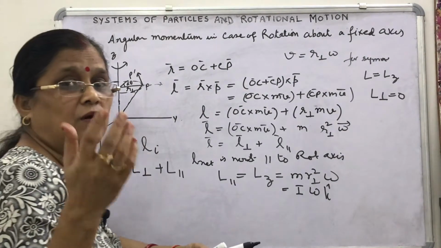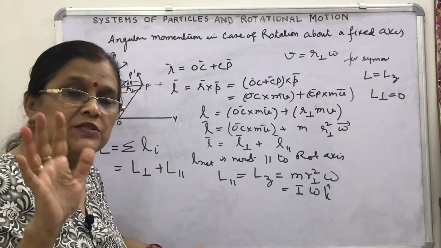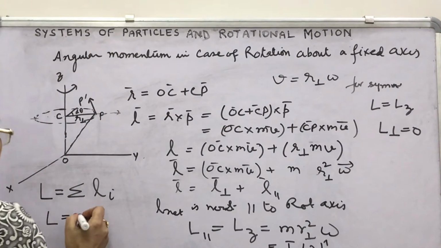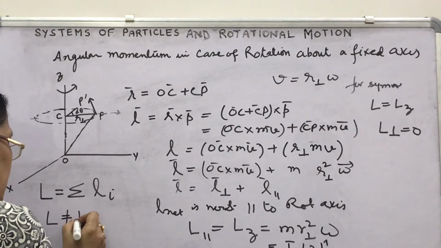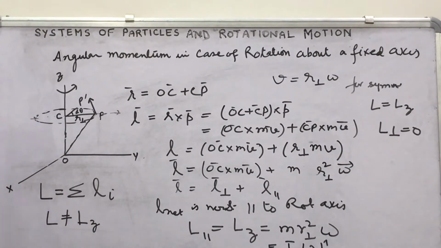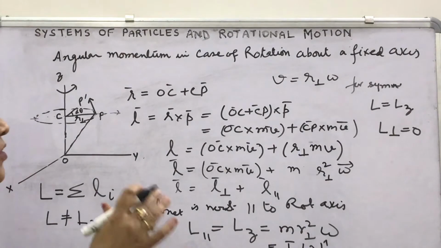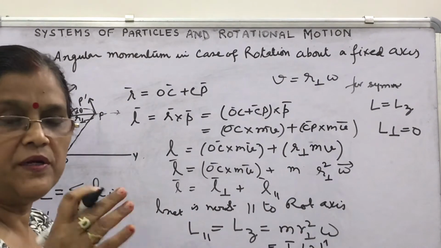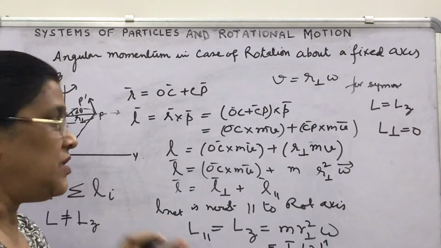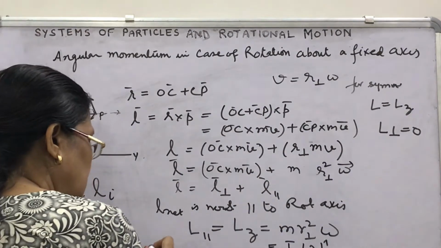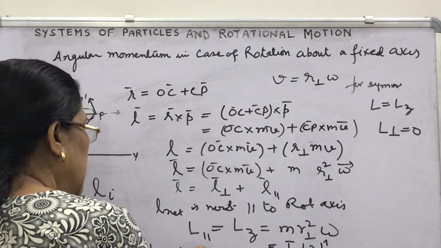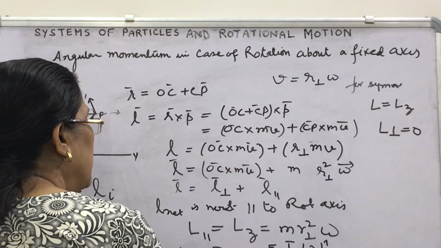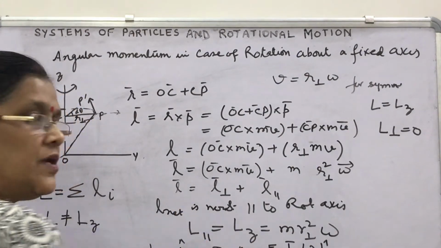What about the objects which are not symmetric? For objects which are not symmetric, L is not equal to Lz. Most of the objects we study in the rotational topic are symmetric about the rotational axis. Then we write for them net angular momentum L as Lz, which is I omega in vector form, about k.